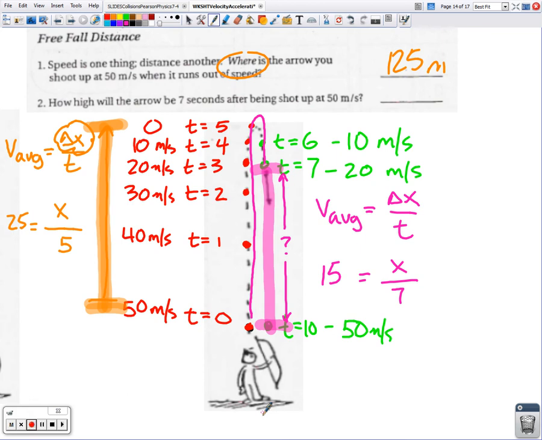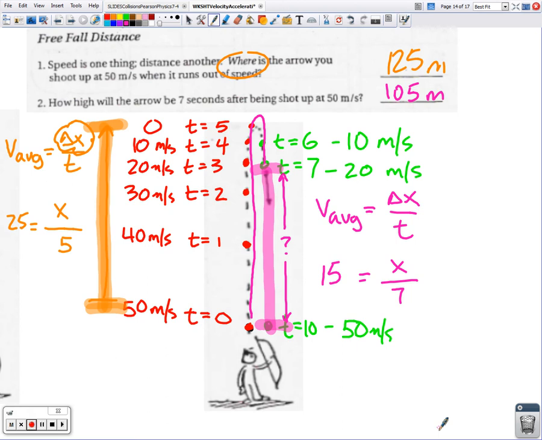So, technically, the overall average velocity is lower than it was on just the up trip, because now we have a little bit of the down trip that we have to factor in. Okay.